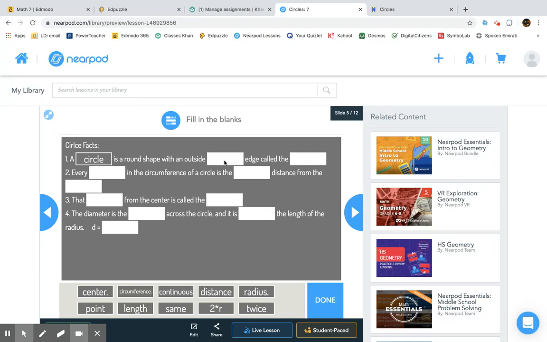So with an outside, what kind of edge? Okay, we know that's called the circumference. But what kind of edge is it? It's a continuous edge. It's not broken up. It's continuous all the way around. Every blank in the circumference of a circle is the blank distance from the blank. Every what?